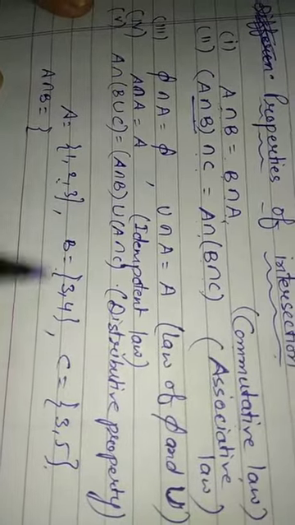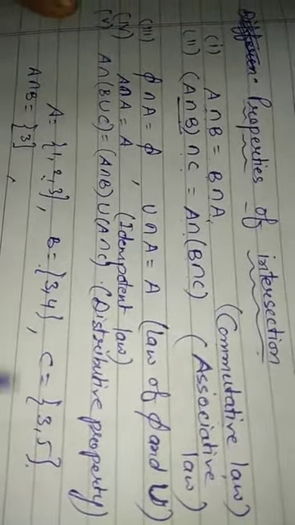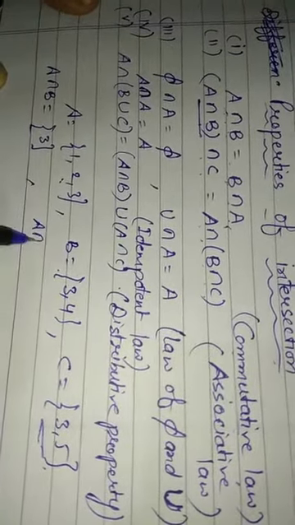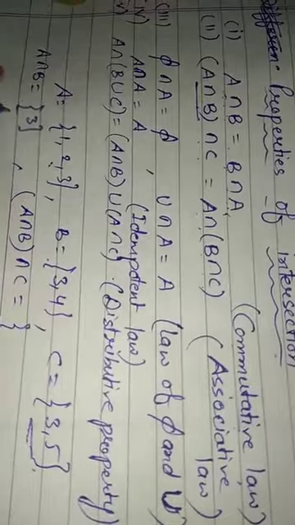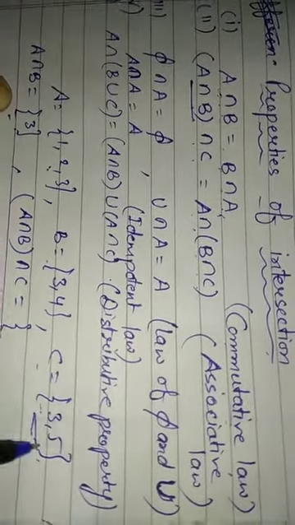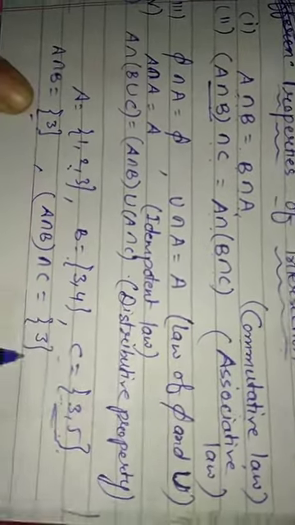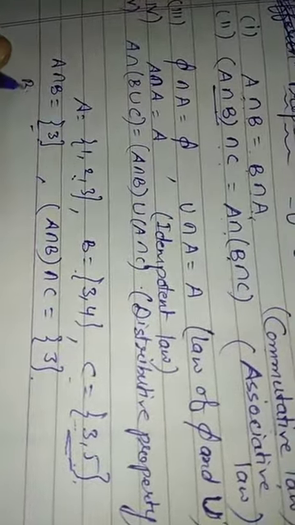What is common in these two? 3. And then C set is this. So I am taking A intersection B intersection C. That will be A intersection B is 3, has element 3 and C set has elements 3, 5. So what is common in these two? 3. Similarly, I can find the right hand side, that is B intersection C.